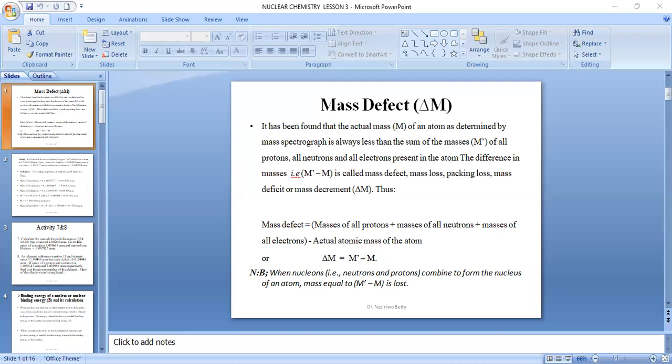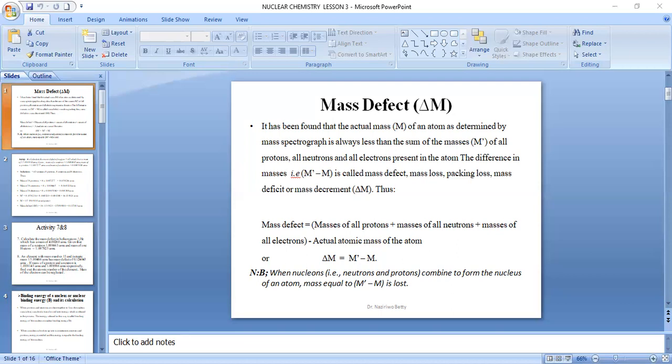It has been found out that the actual mass of an atom as determined by mass spectrography is always less than the sum of the masses of all the particles in an atom. And these are all the protons, all the neutrons, and all the electrons.